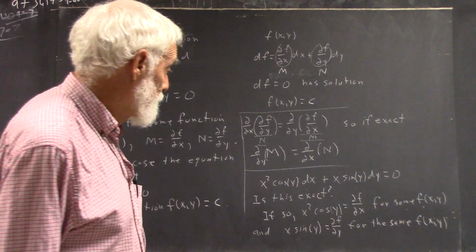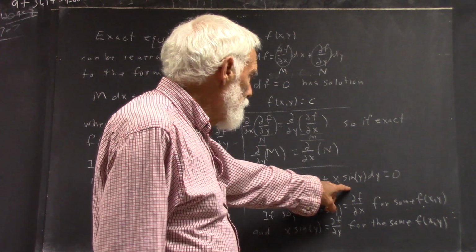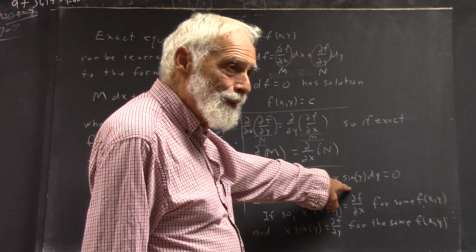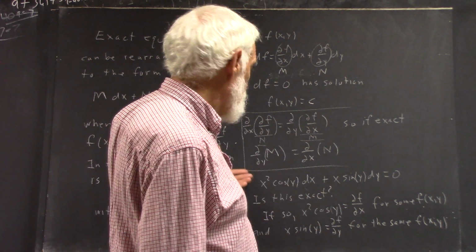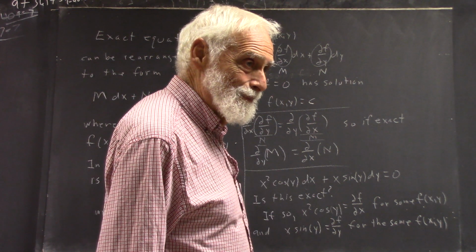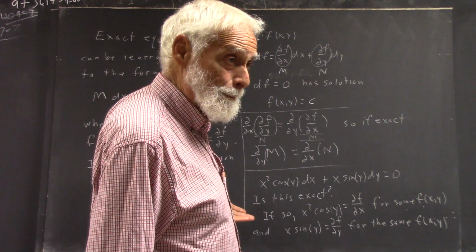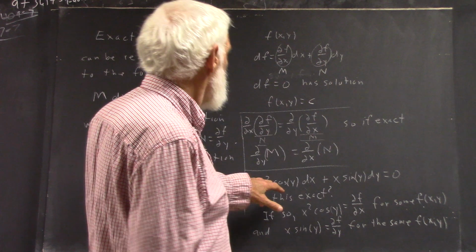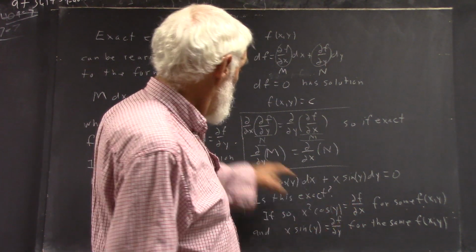Okay? Well, if you take an antiderivative of this with respect to y, you're going to get negative x cosine y instead of x cubed over 3 cosine y. Okay? So it isn't exact. Okay? Well, instead of trying to integrate these things with respect to x and with respect to y, we can use this test here.